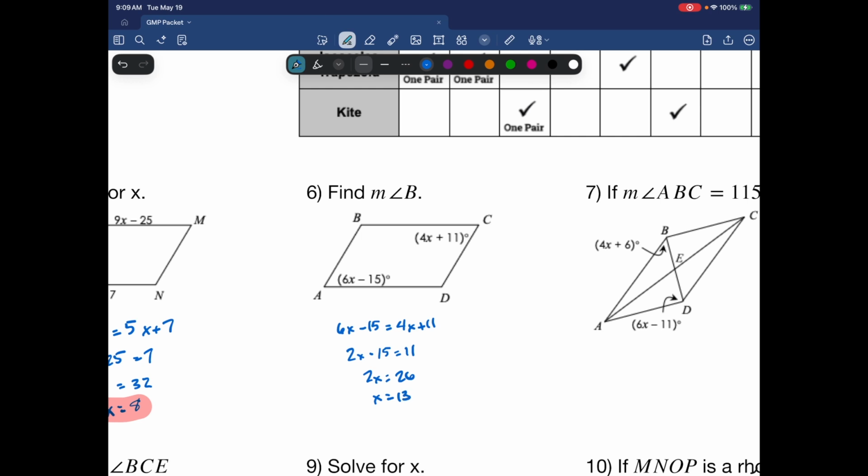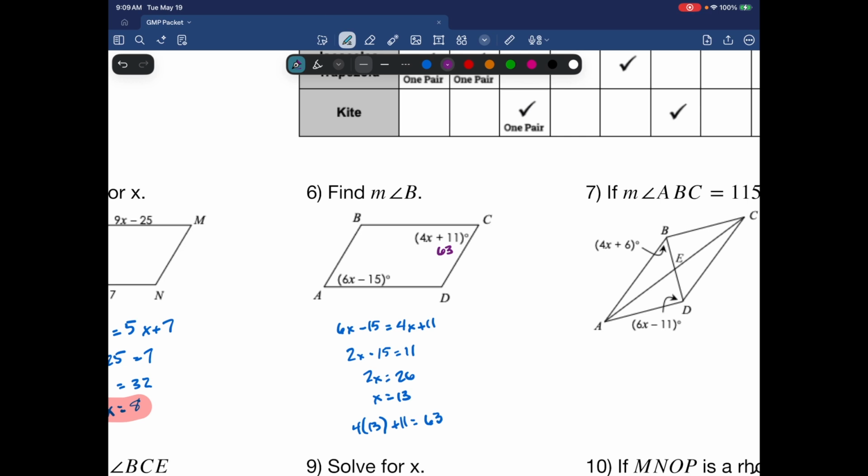Now, I found x, but they asked me to go find angle B. So if I plug this in, I know that 4 times 13 plus 11, 4 times 13 is 52, that's going to be 63. So if this is 63, then adjacent angles in a parallelogram are supplementary.